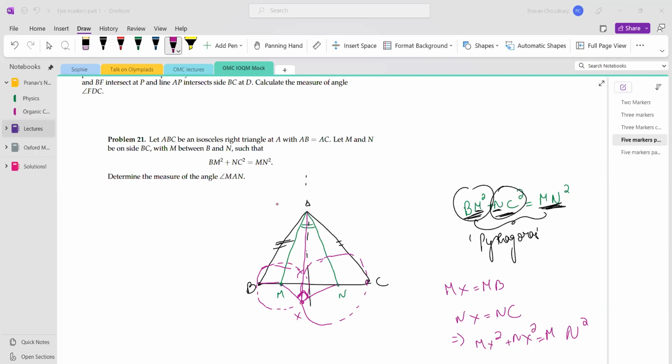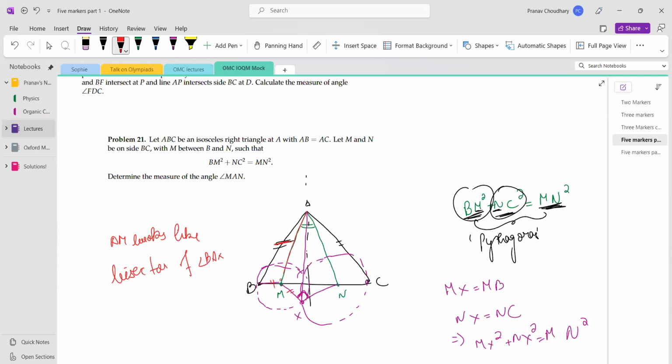So in this case, this is a decently good diagram. And here you can make some guesses, some claims. AM sort of looks like the bisector of angle BAX. And moreover, these two sides are equal.